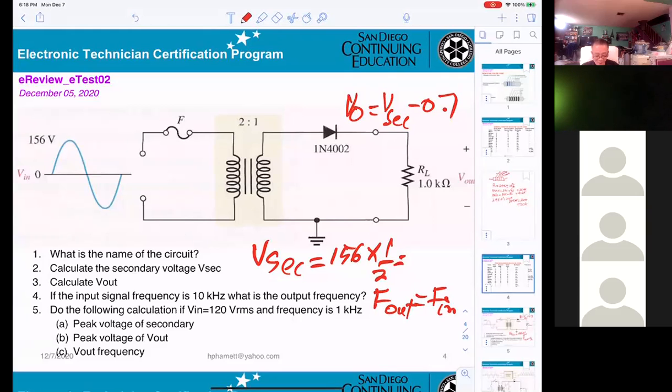Now you do it for me on number 5. They say V in is 120 volts RMS, frequency 1K. What they want to know is the peak voltage of the secondary.